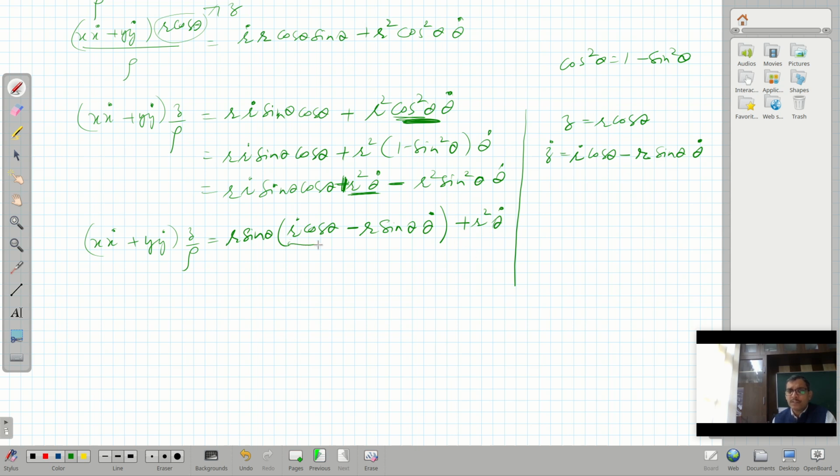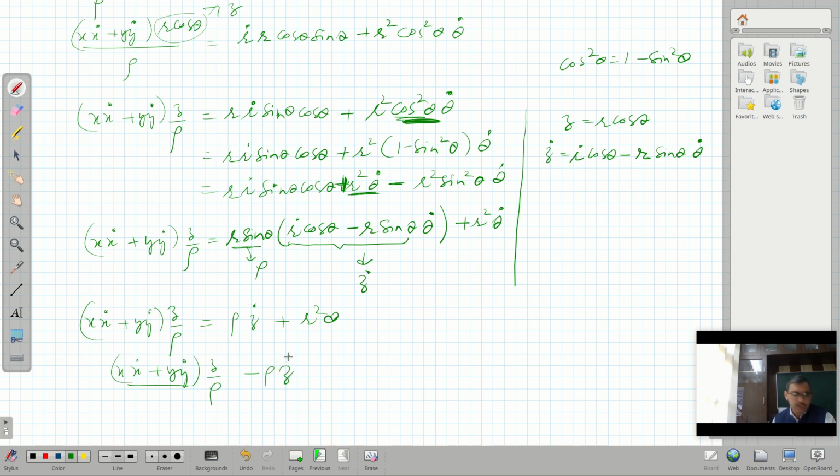So what is it? This full complete quantity is equal to z dot, and what is r sine theta? This r sine theta is basically rho. So that means x dot plus y dot into z upon rho is equal to rho z dot plus r square theta dot. Let us bring it here. So x dot plus y dot multiplied by z upon rho minus rho z dot is equal to r square theta dot.